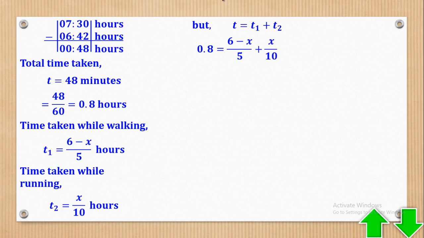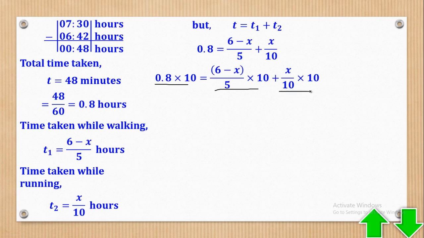So I've got an equation with x as an unknown. Next is to simplify and make x the subject. The first thing to do is multiply by the LCD, lowest common denominator, and that is 10. So this by 10 will give me that, this by 10 gives me that, and this by 10 gives me that. When I simplify, this by 10 gives me 8, and this one will remain with 2, and this with this will cancel and remain with only x.